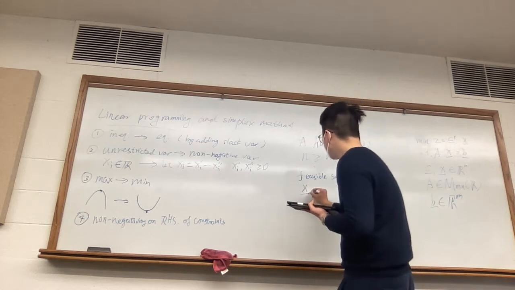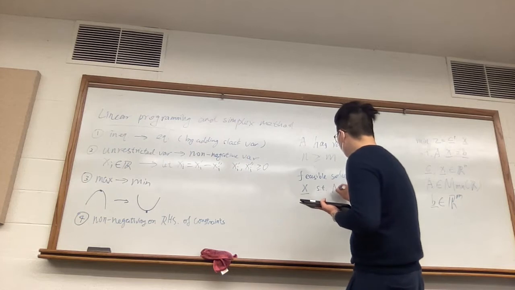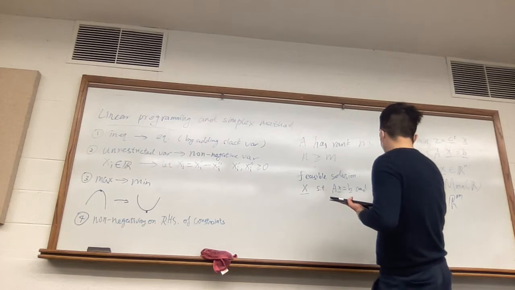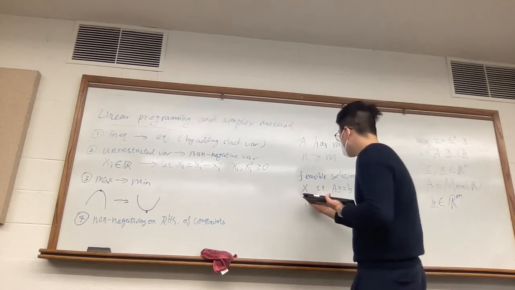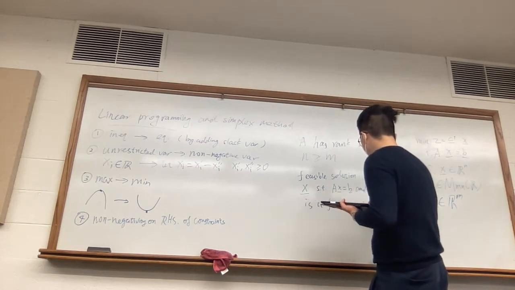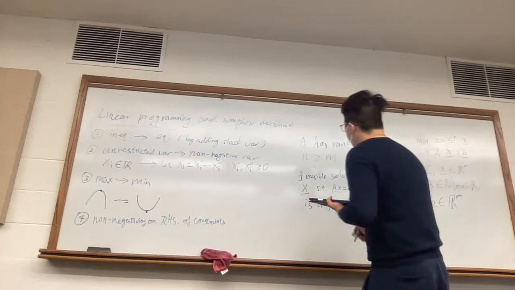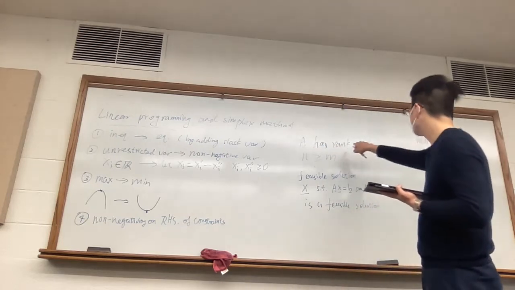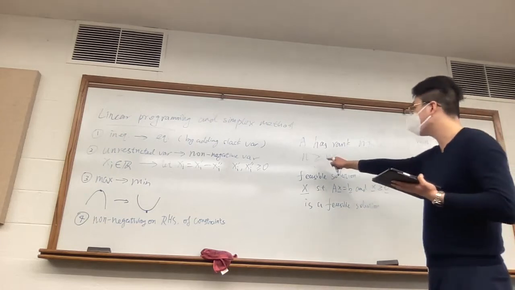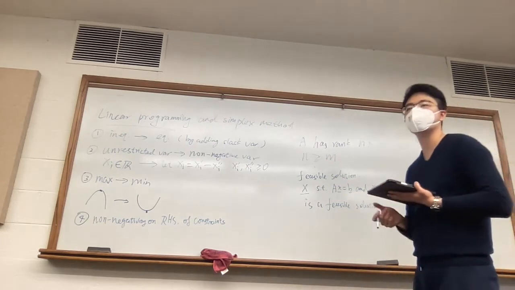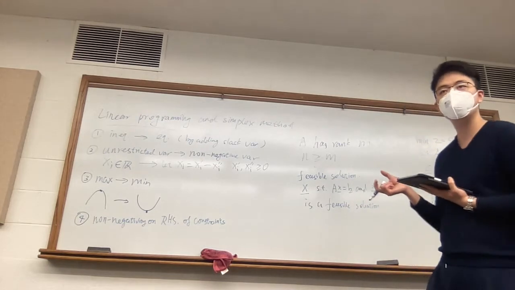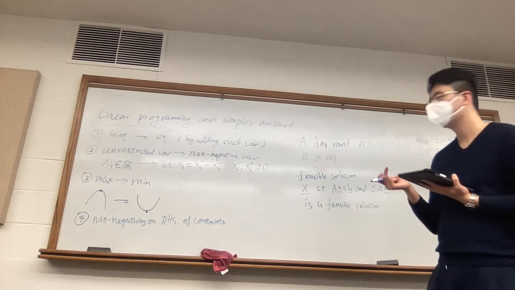An x such that Ax equals b and x being non-negative is a feasible solution. Now that A has rank m, A has dimension m by n, and n is greater than or equal to m, what can you say about the feasible solution? Is it unique? Can you tell me?